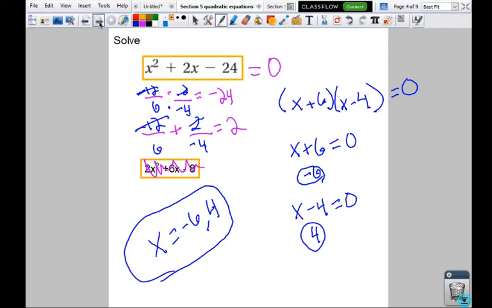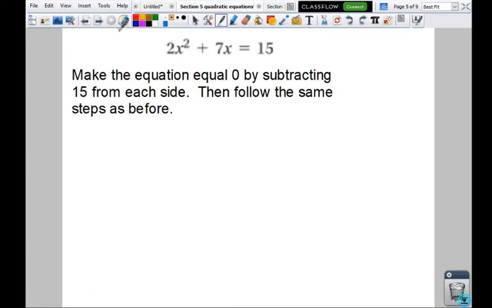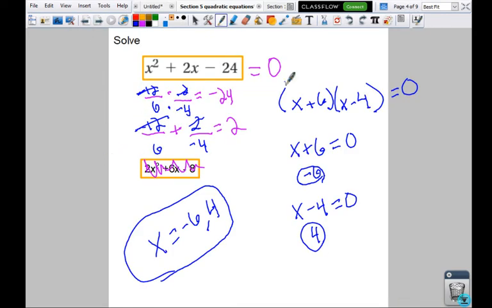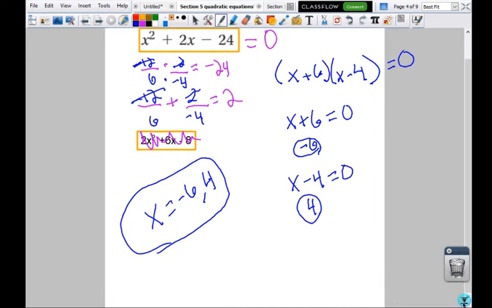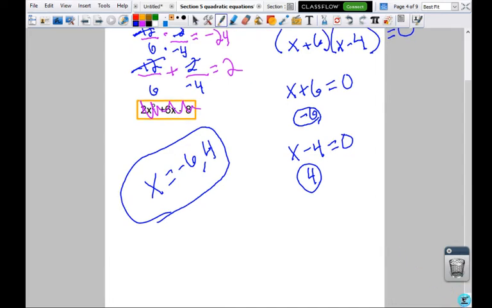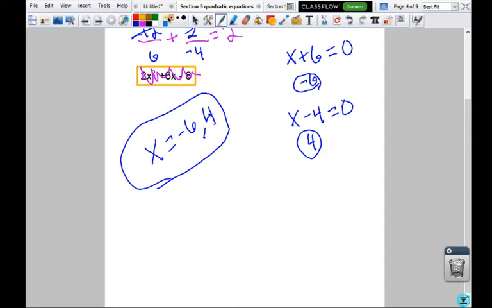Alright, let's have you guys try one now. We don't know how to AC factor. We're not AC factoring. We're gonna skip those for now. Alright, so I'm gonna make up one real quick for you guys to do. This is a random one, it's not in your paper. Make it equal negative 3 over 7.